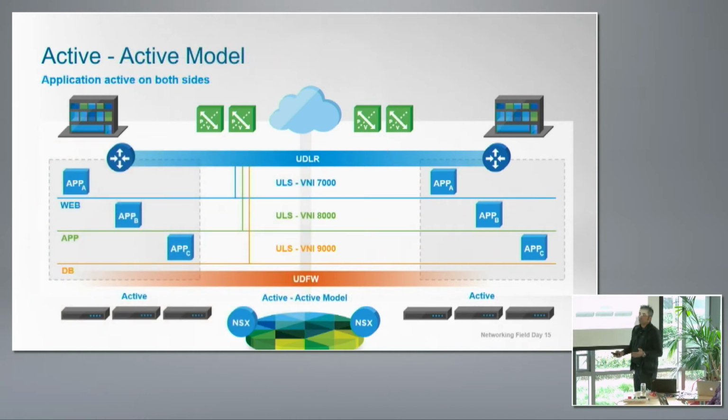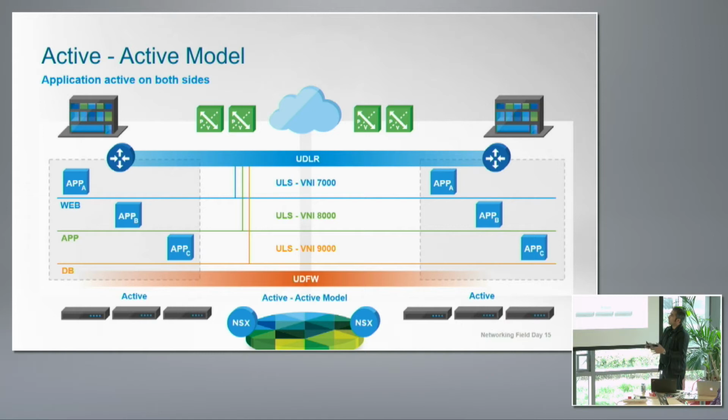Now, the other model you'll see for multi-site is active-active, and we also support this model. Again, you get all the benefits of NSX, consistent networking and consistent security. But here, the difference is the application is active at both Site 1 and Site 2. One of the additional benefits of NSX here is the simplicity and flexibility you get in how you deploy multi-site solutions.